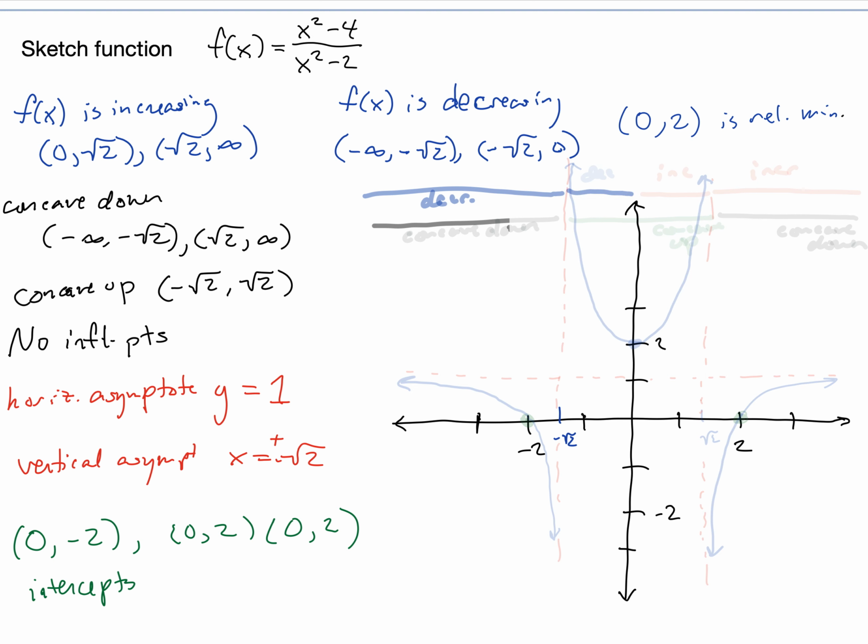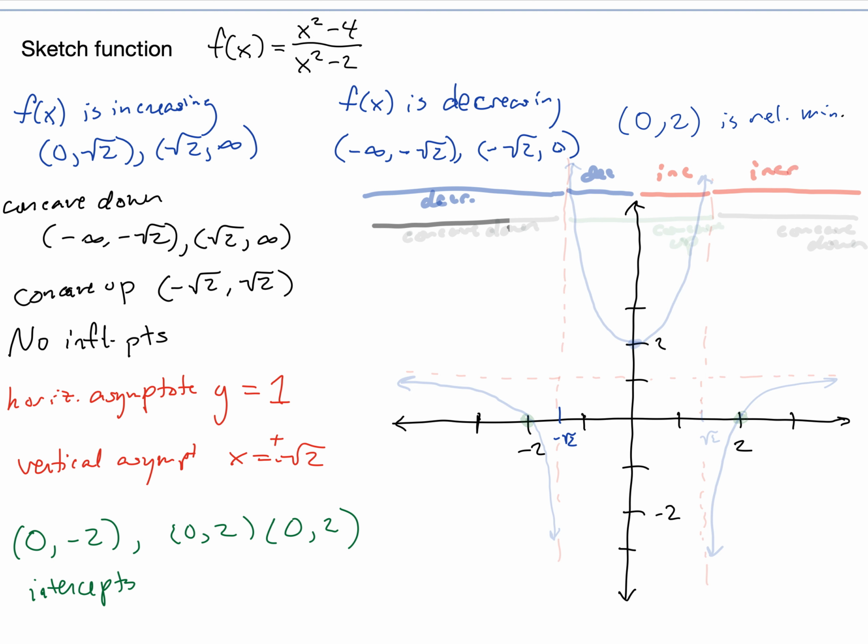And we know that the function is increasing over the intervals from 0 to square root of 2, and also increasing again over the interval from square root of 2 to infinity.